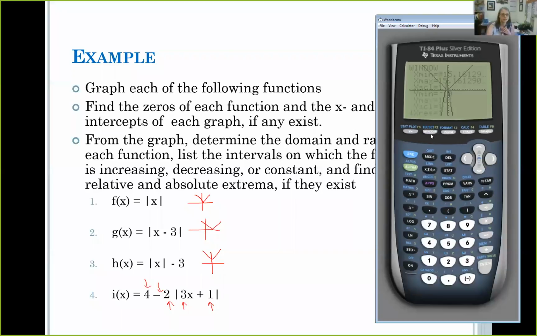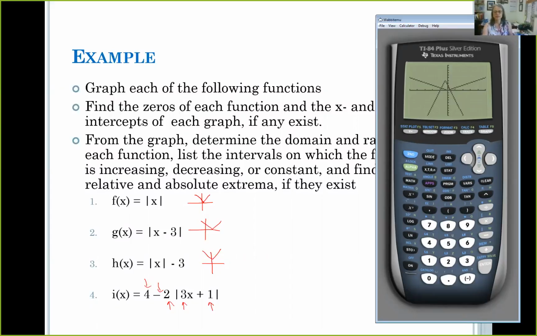Okay. Change my window. We'll go to -10 to 10 and graph. Let's try -5 to 5. That's better. So we can see that sure enough, my peak is offset a little bit from my standard one. Other than that, it looks like an absolute value.